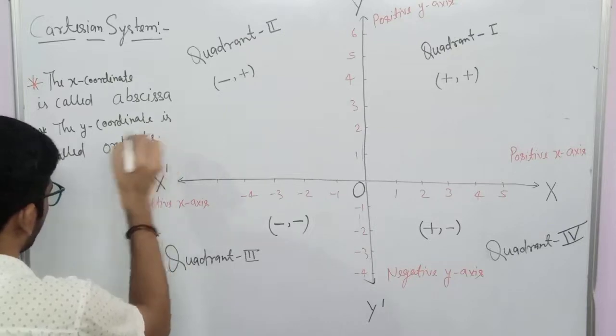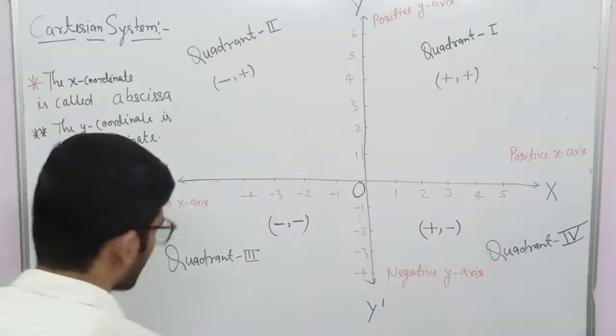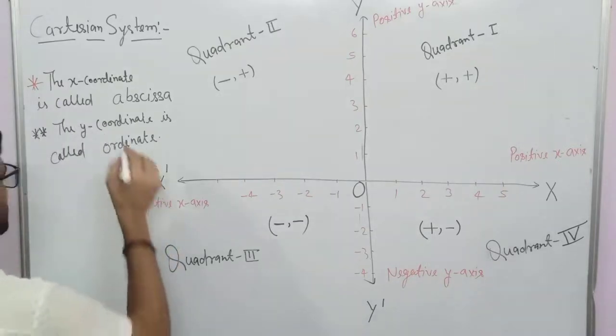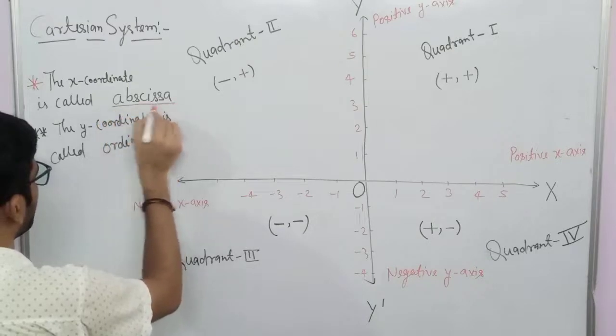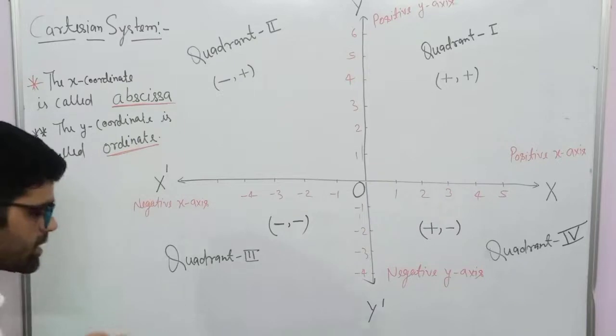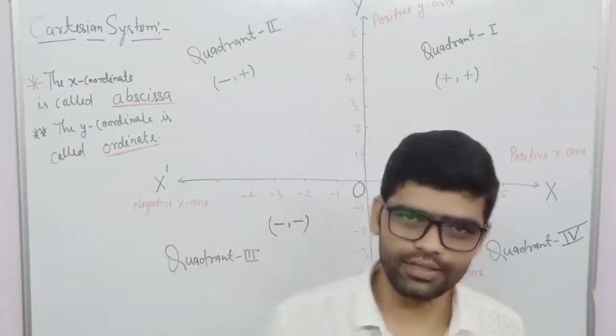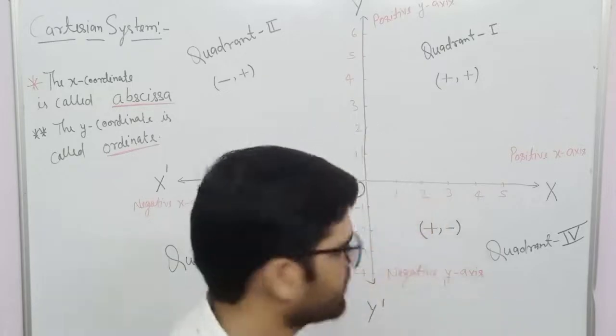This is a new term, ordinate. Okay, you can underline this new term. The x coordinate is called abscissa, the y coordinate is called ordinate.